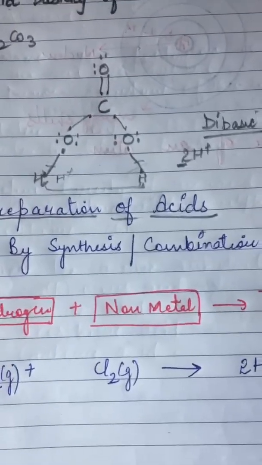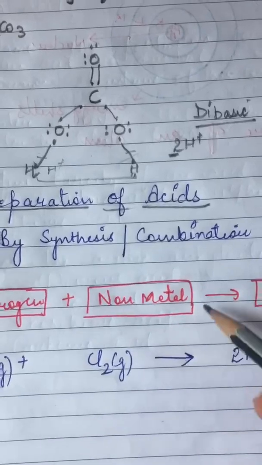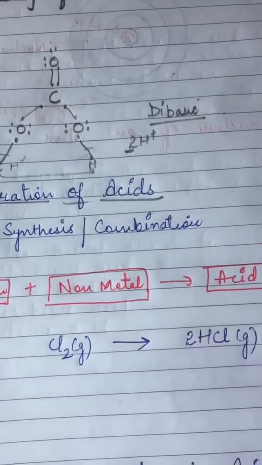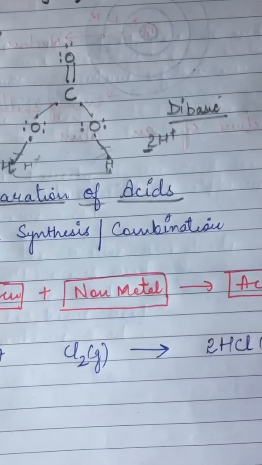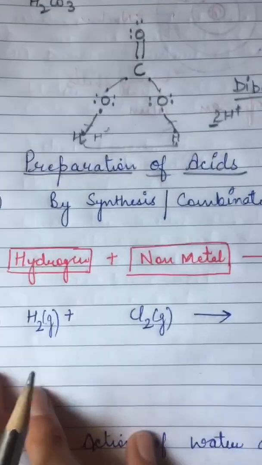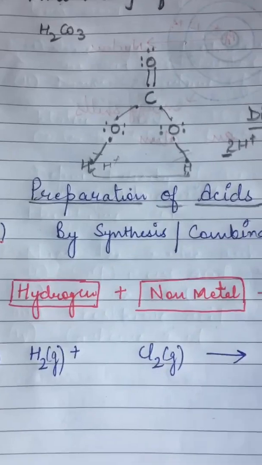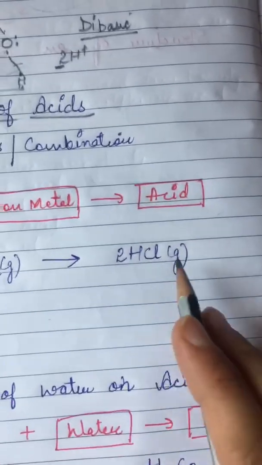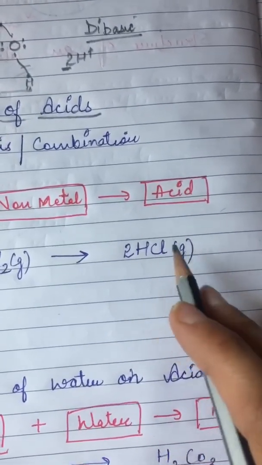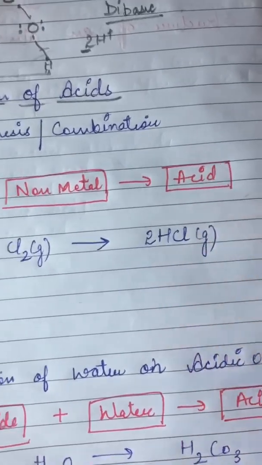Always keep this in mind: whenever a non-metal reacts, it will give an acid, and metals always give bases, right? So hydrogen reacts with a non-metal, chlorine, Cl2, it will give HCl as a gas. When we put it in water, it will make HCl an acid.